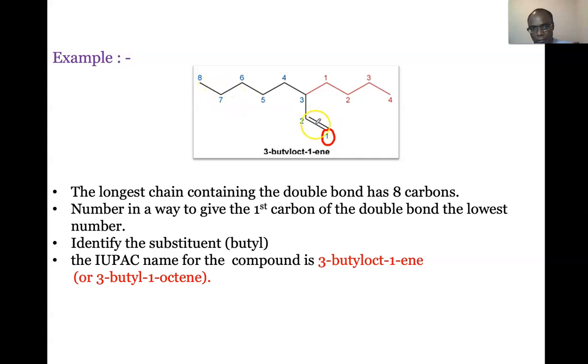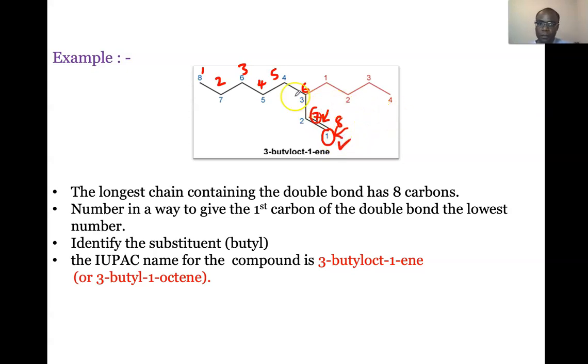I have to start here because I'm prioritizing the first carbon of the double bond having the least number assignment possible, rather than starting from here: 1, 2, 3, 4, 5, 6, 7, 8. See, the first number of the double bond here is 7 versus 1, so 1 wins.